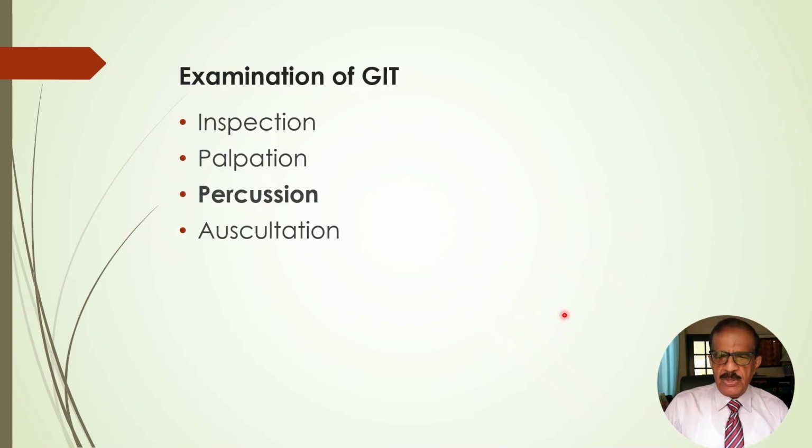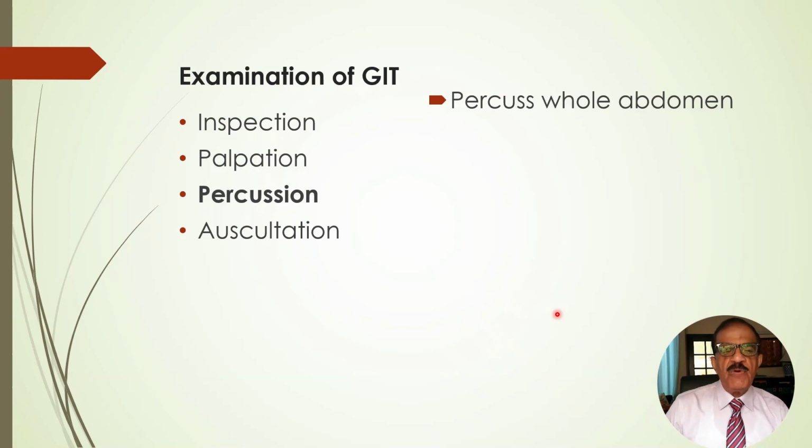Now come to the percussion. Percussion is very important. You need to learn the technique of percussion on the abdomen. Now you first percuss the whole abdomen. Now what is actually percussion? When you tap the abdomen, typically you put one hand on the abdomen and with the other hand you tap it like this.